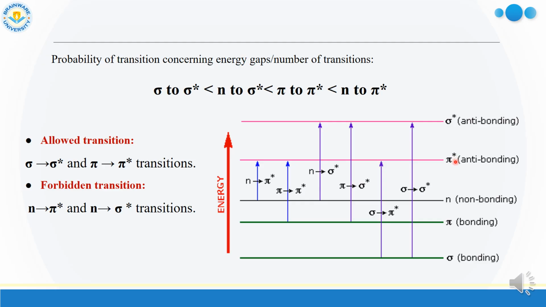And the antibonding orbitals are pi star and sigma star. So there are different types of electronic transitions that may happen, like sigma to sigma star, sigma to pi star, pi to sigma star, n to sigma star, pi to pi star, n to pi star. Now, the energy gap between sigma and sigma star is highest.